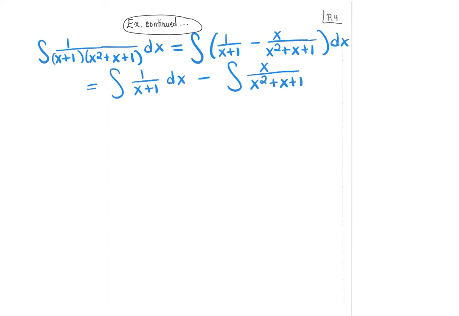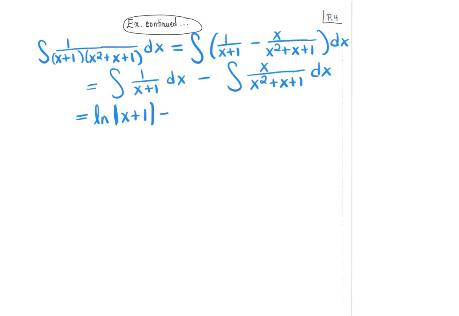Now, this part is just a u substitution with u equal to x plus 1 and du is equal to dx here. So this is going to be the natural log of the absolute value of x plus 1, technically plus a c, but we still have this chunk to integrate. So we're just going to hold off on that.